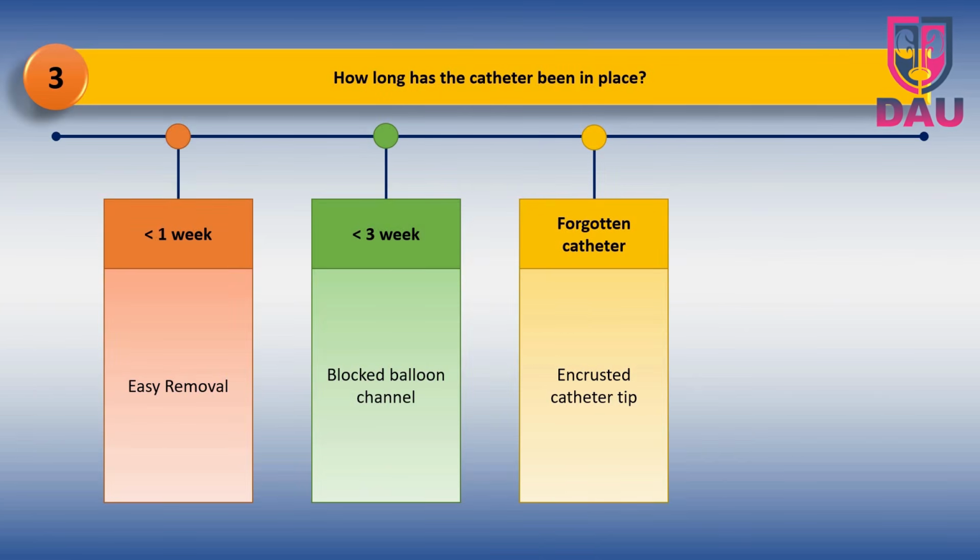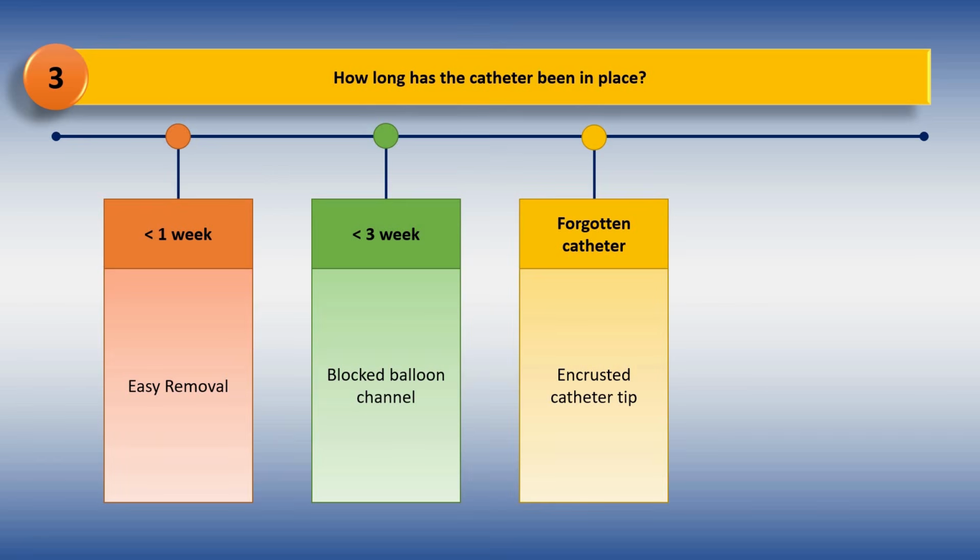Then there are situations like a forgotten catheter, where the patient, because of some mental illness or absence of caregivers, could not be transported to the hospital, or was in coma for a long time and people forgot that he is on a catheter. There are many clinical reasons because of which a catheter may be forgotten for a long duration.